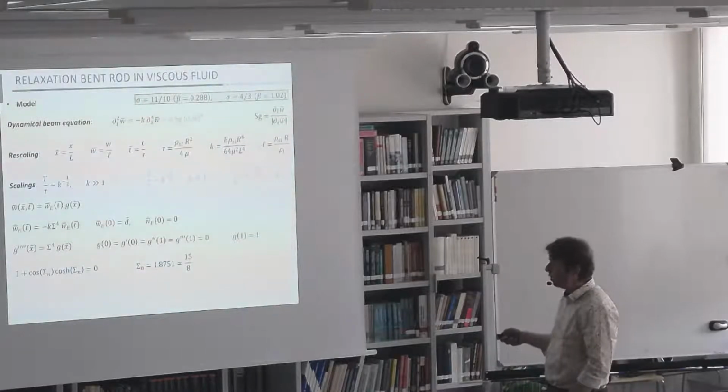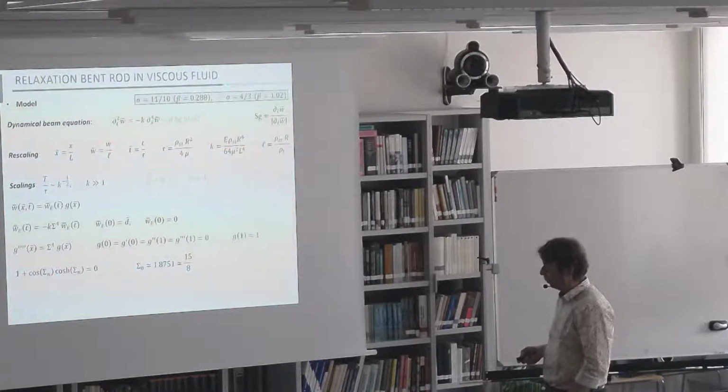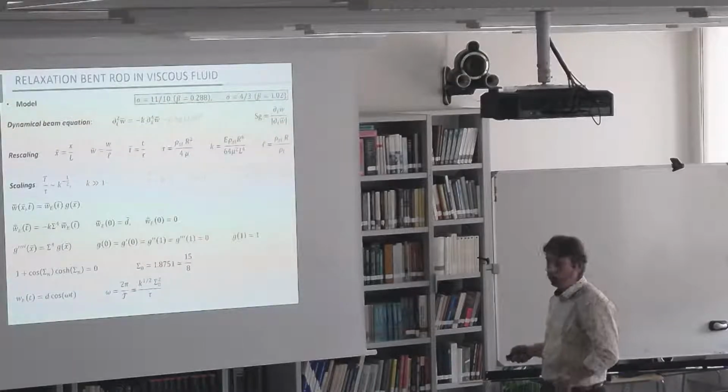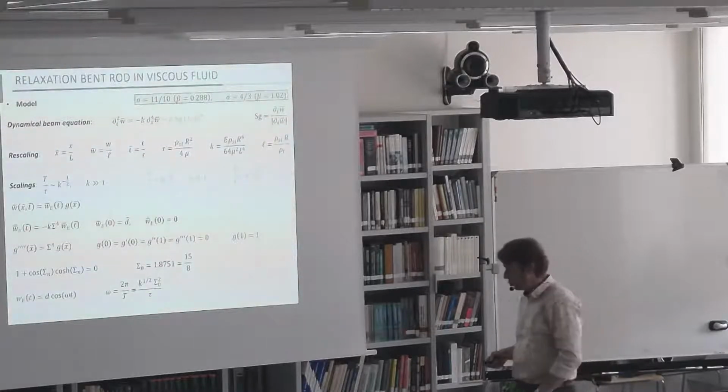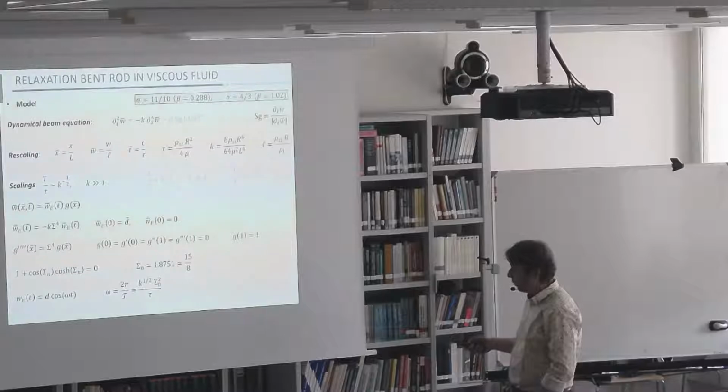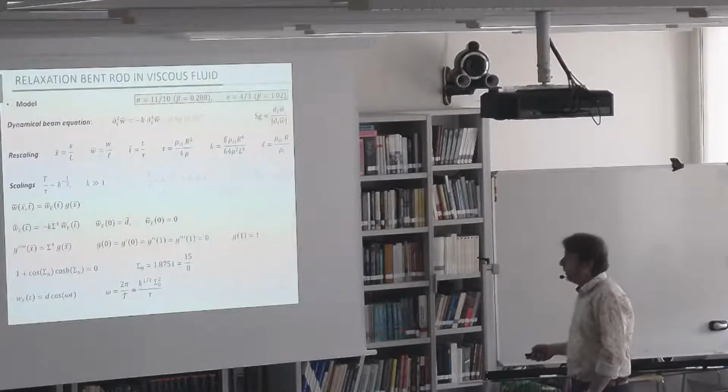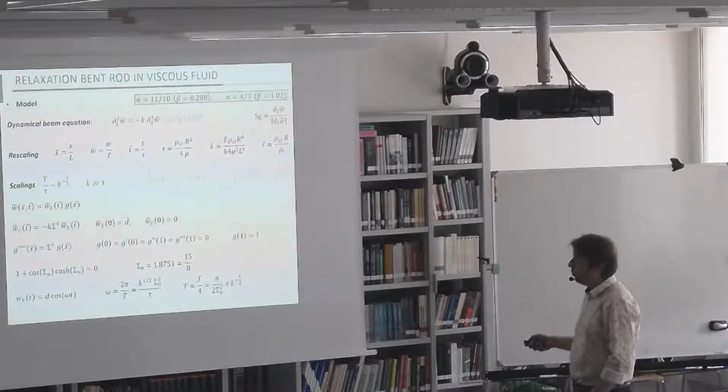And now that you know sigma, you can easily solve this equation. This is a harmonic equation with this initial condition, and you get simply a cosinusoidal evolution with an angular frequency, which by definition is 2 pi over the period of oscillation, given by this quantity. And now you can compute the crossing time. This is just the period of oscillation divided by 4.